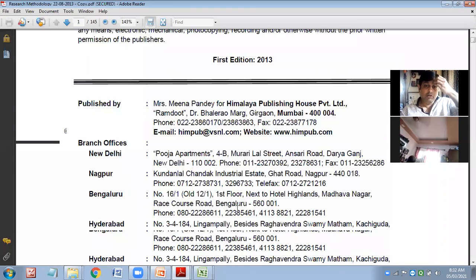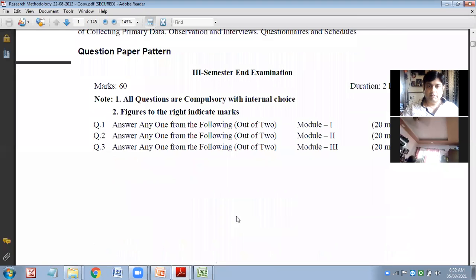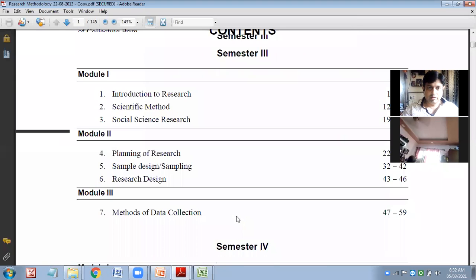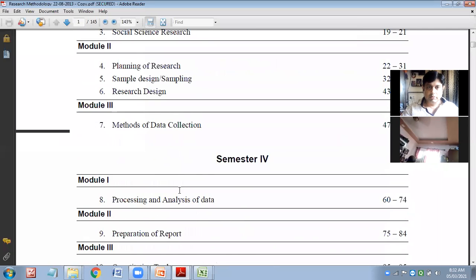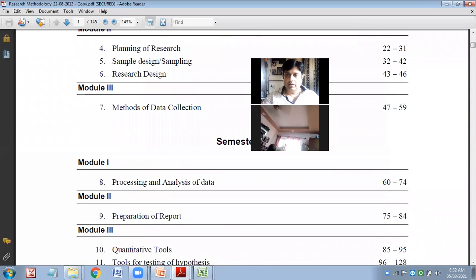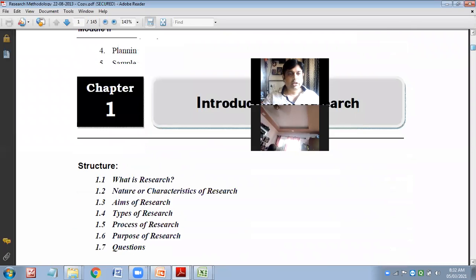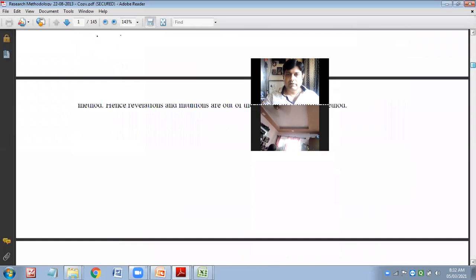Otherwise, in our textbook also, we have this topic, processing and analysis of data, pages 60 to 74. उससे अच्छा उसमें दिया हुआ था, इसके लिए मैंने वो रेफर किया.